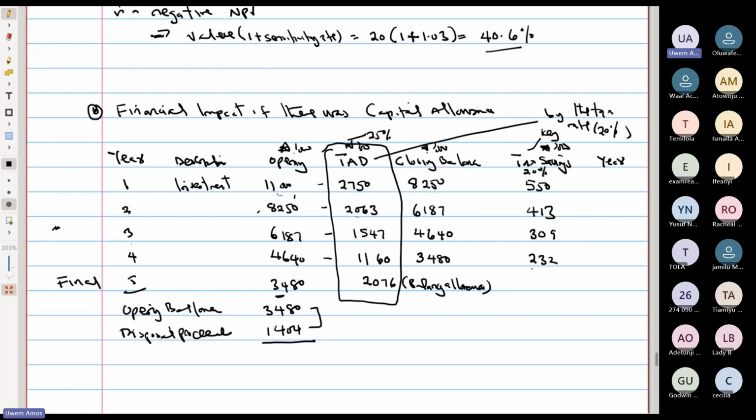And finally, 2076 multiplied by 20% is 415.